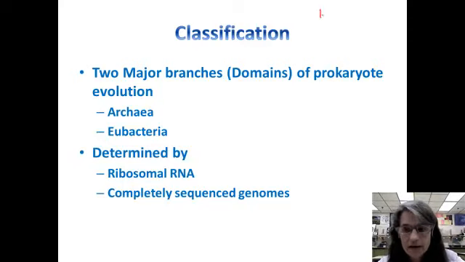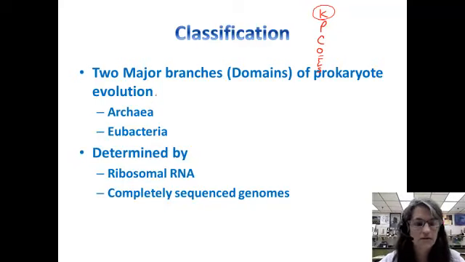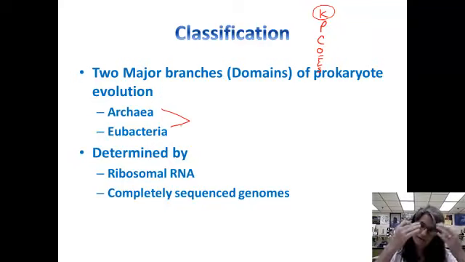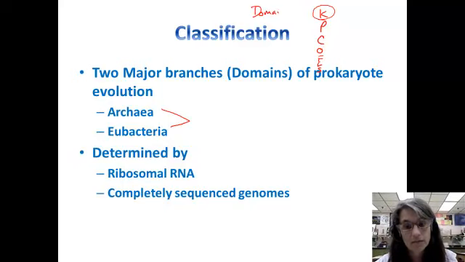Remember, we've got kingdom, phylum, class, order, family, genus, species, and kingdom Animalia, kingdom Plantae. These are pretty broad categories. Well, it wasn't broad enough to separate these 2 groups of bacteria, so they developed another level on top of the kingdom called the domain. We briefly mentioned this back when we were doing animal classification earlier in the year.